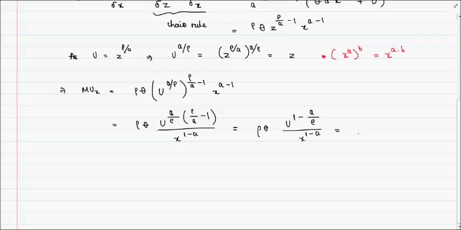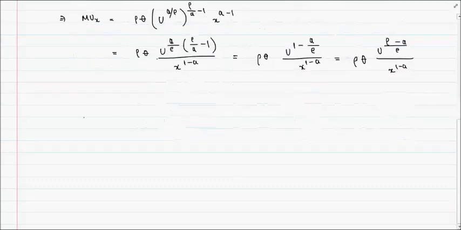So I got rho theta u to the power of 1 minus a on rho, which is just, if you take a common denominator, rho minus a, everything divided by rho, and divided by x to the power 1 minus a. So if you're looking at this, it is just exactly the expression that we meant to prove, which is right.